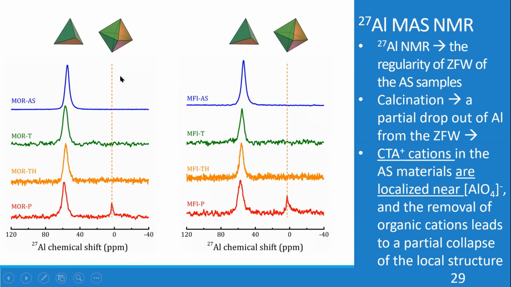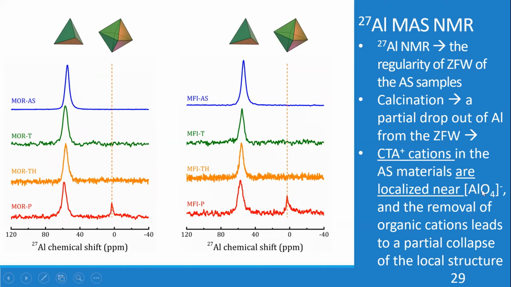So it means that after calcination, aluminum drops out from the framework. Why does it happen? The main logical explanation is that the cetyltrimethylammonium cations in the synthesized materials are localized near this aluminum of the tetrahedron.